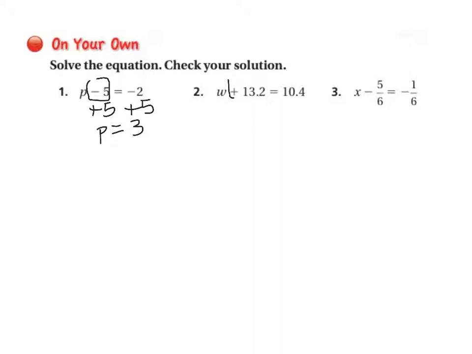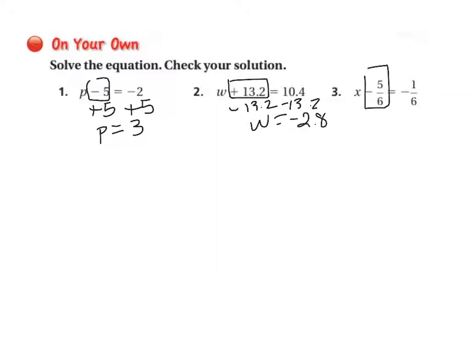So we look at the sign in front of the 13.2, and we're using our inverse operation, so we are subtracting 13.2 from both sides, and we end up with a w on the left and a negative 2.8 on the right.